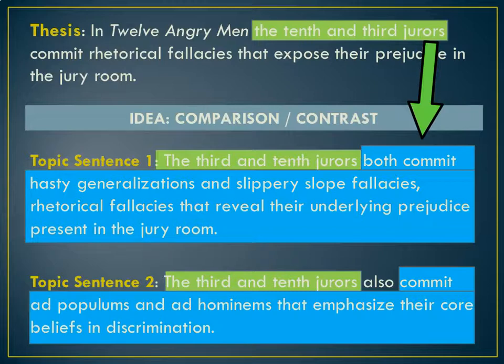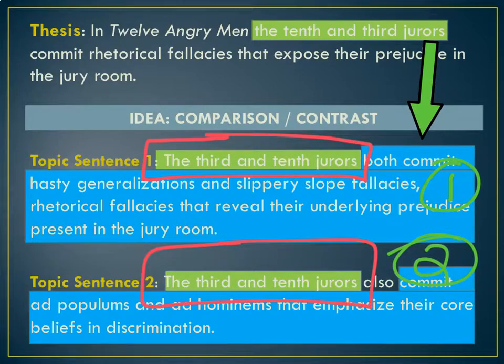So similarity number 1, they're going to write about that they both commit hasty generalizations and slippery slope fallacies, etc. And then the second similarity is that they both commit ad populums and ad hominems, etc. So not only does the writer do a very effective job of signaling the comparisons, the similarities that they're going to be discussing in each of these paragraphs, but they also make sure to use some language that is connecting us back to the thesis statement very clearly.